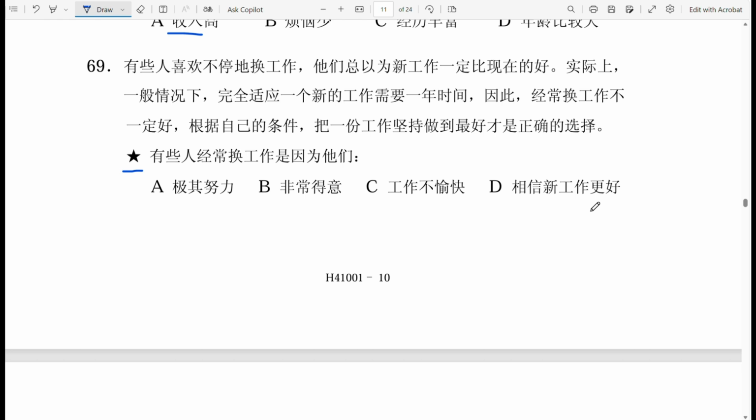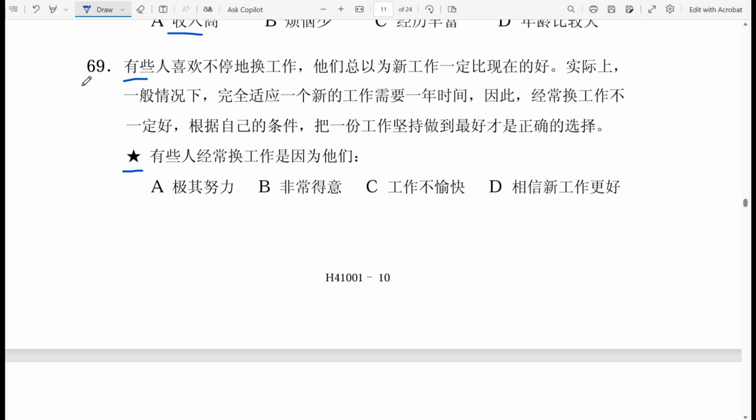It doesn't make a lot of sense, but let's keep this in mind and read the paragraph to see what is true. 有些人喜欢不停地换工作，他们总以为新工作一定比现在的好。实际上，一般情况下，完全适应一个新的工作需要1年时间，因此经常换工作不一定好。根据自己的条件，把一份工作坚持做到最好才是正确的选择。So let's translate.